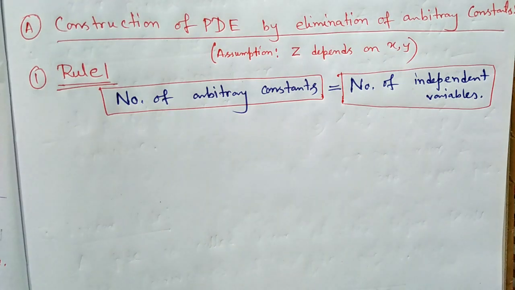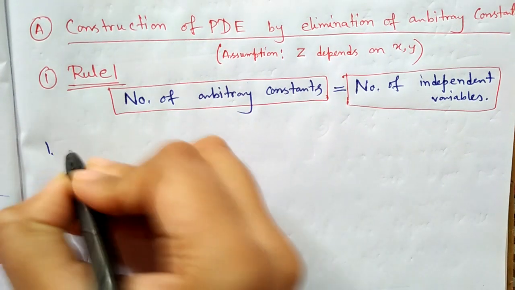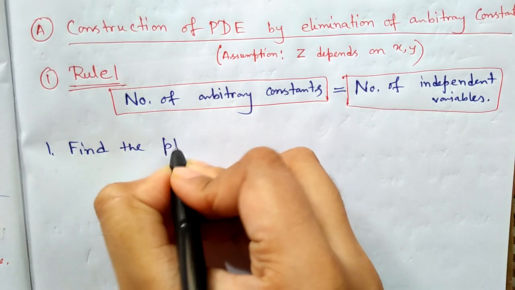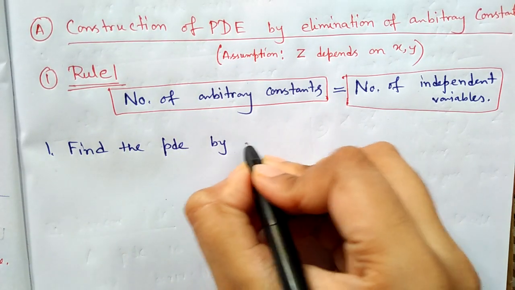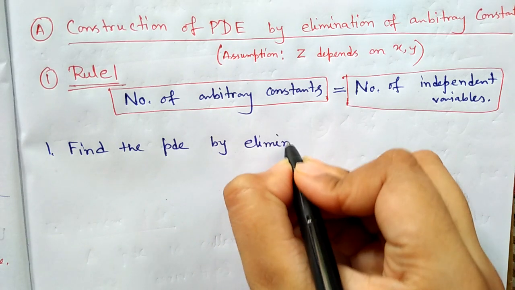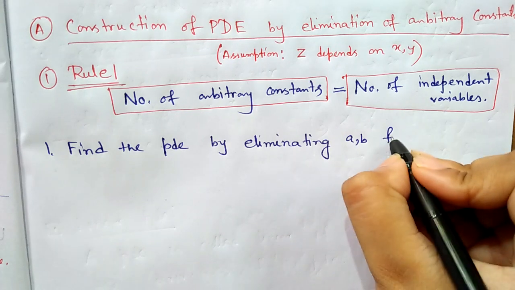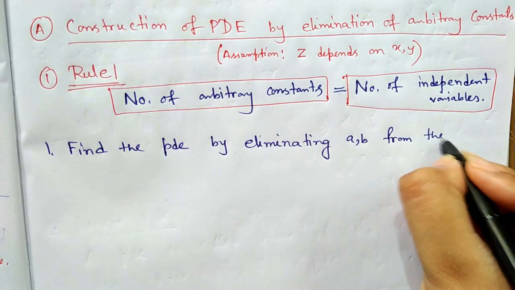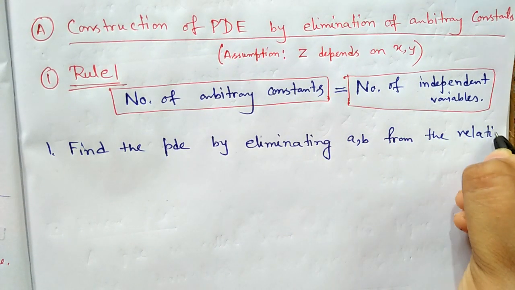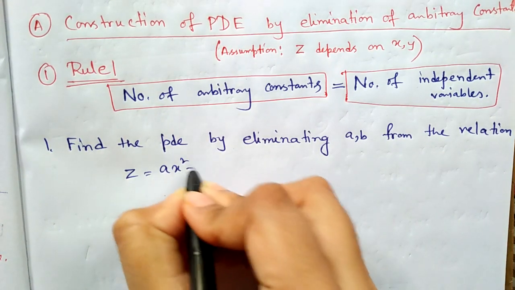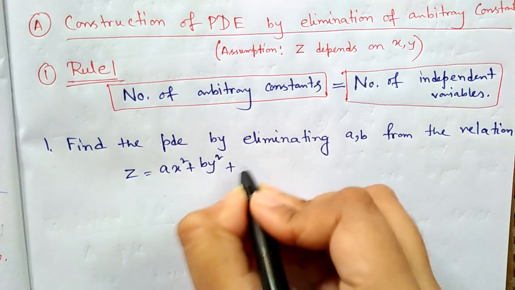Now, suppose this is our problem. Find the PDE by eliminating a and b from the relation z = ax² + by² + ab.